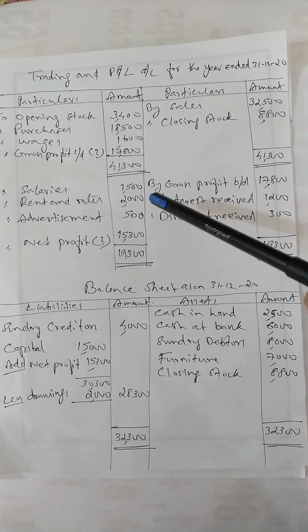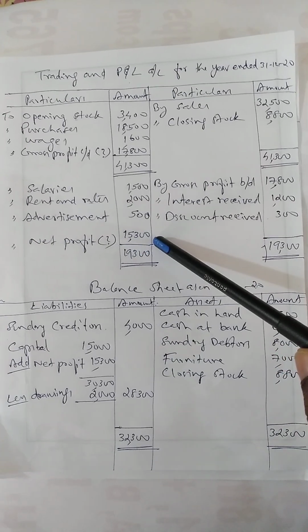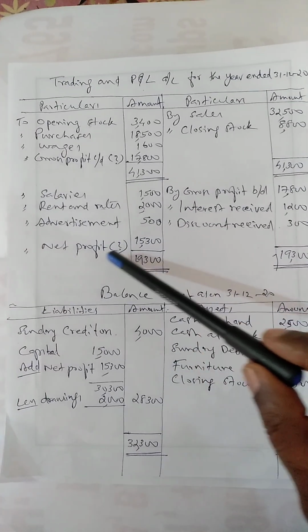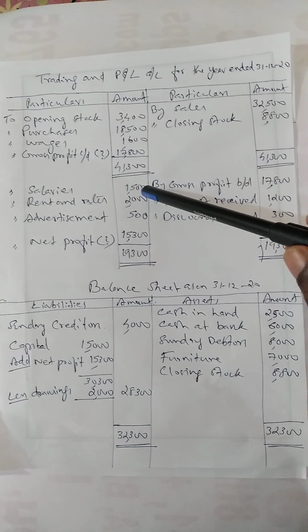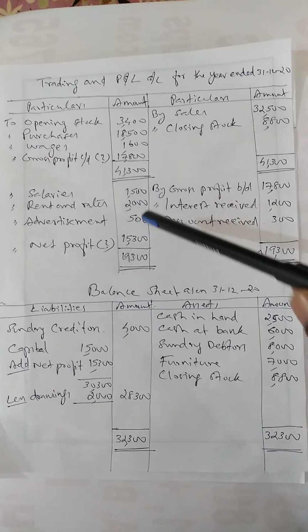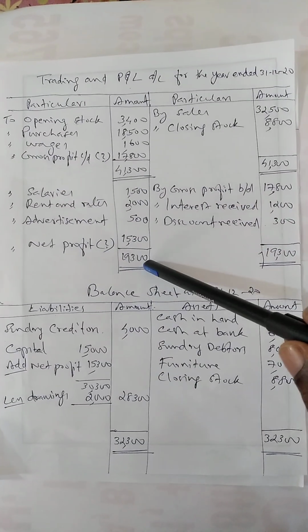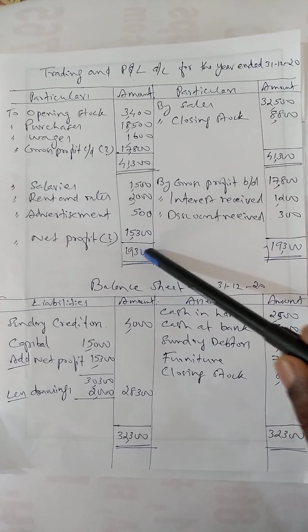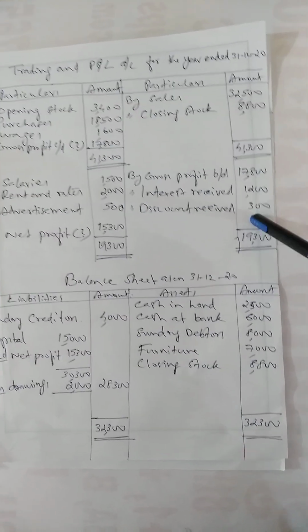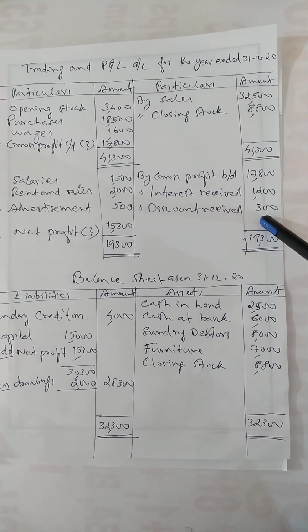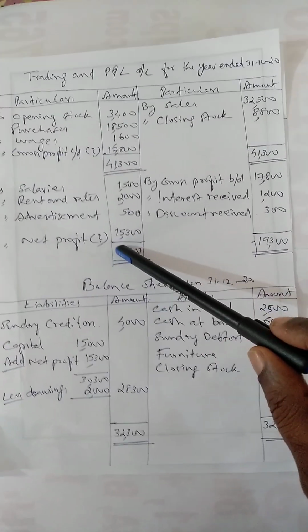Then we will get a balance which is 15,300. It is called a net profit. And I think that you remember, if the highest total is here, suppose the highest total is here, then we total this column and show the amount here, and then the balance will appear this side, which will be net loss. Okay, here it is net profit.